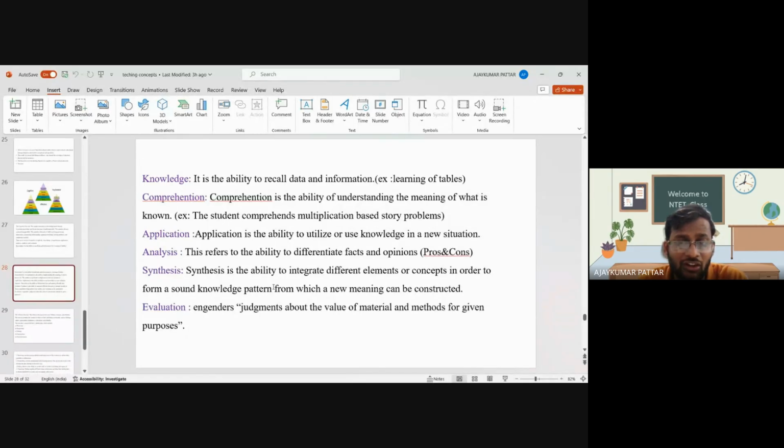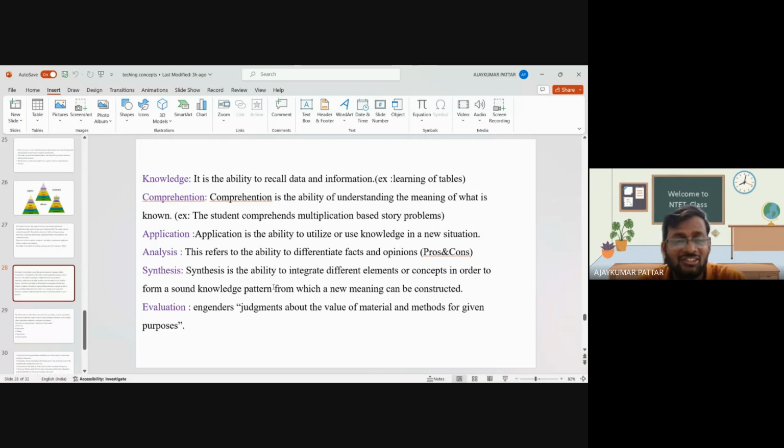Then synthesis: you are finding a new meaning or new concept because of integrating different, sound knowledge. You are mixing or integrating different concepts, and you come up with a new meaning or new concept. That is the synthesis. Then finally the evaluation, that is judgment about the value of material and methods. Yes, this is for this thing. Finally you evaluate in the stage of evaluation.